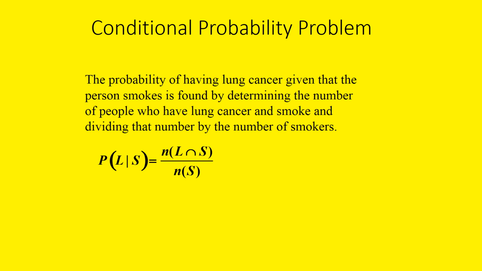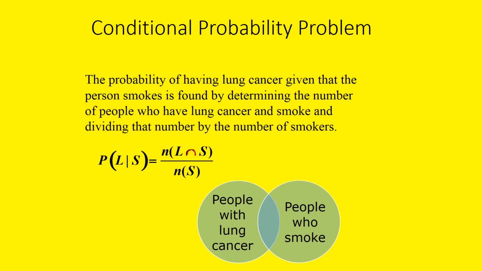Okay, so the probability of lung cancer and smoking: the person has to smoke and have lung cancer, divided by the total number of smokers. These two sets obviously have some overlap.